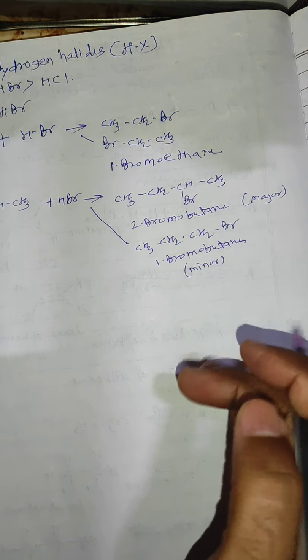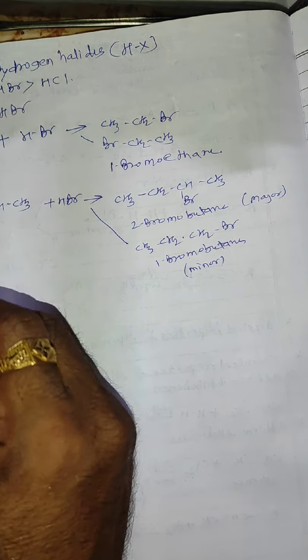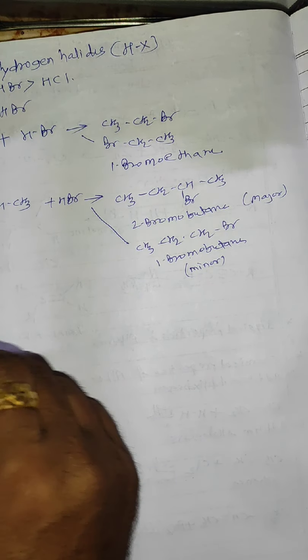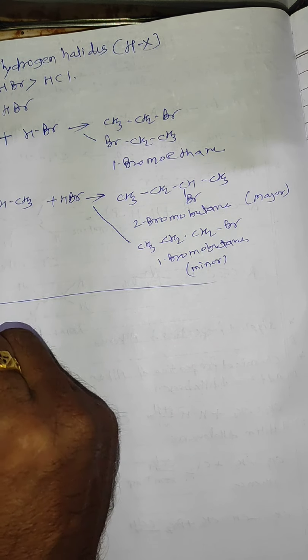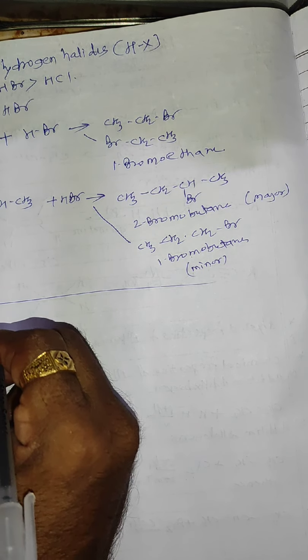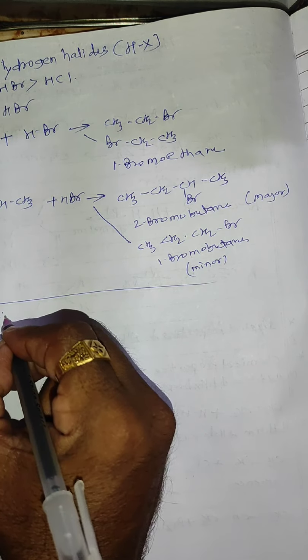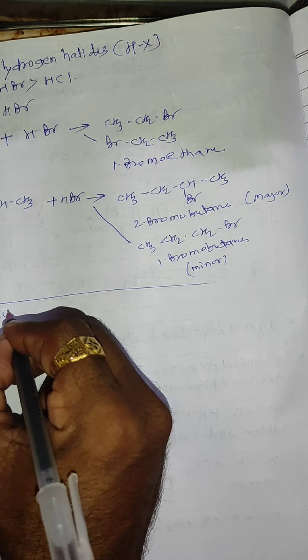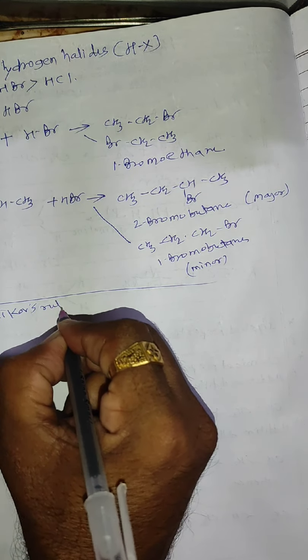So first, addition of hydrogen halide in symmetrical alkene. But in case of unsymmetrical alkene, addition is according to Markovnikov's rule.